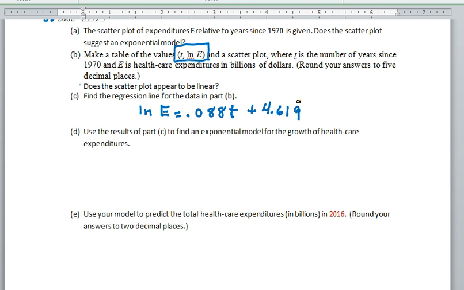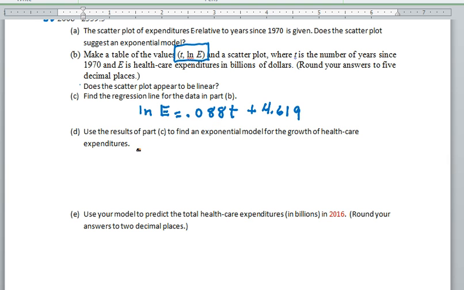Now we're going to use this result to get an exponential function of E versus t. So since we want the E to be alone, we're going to exponentiate base e, lowercase e, both sides of the equation.